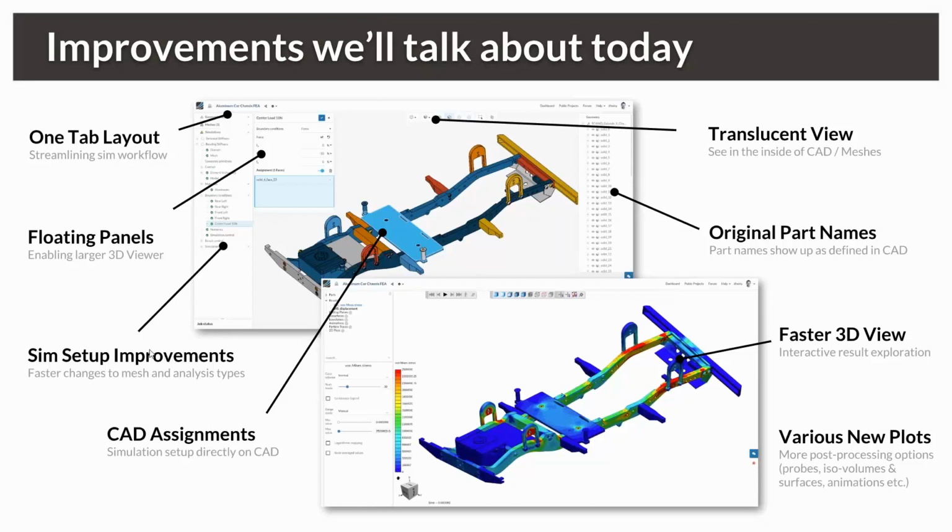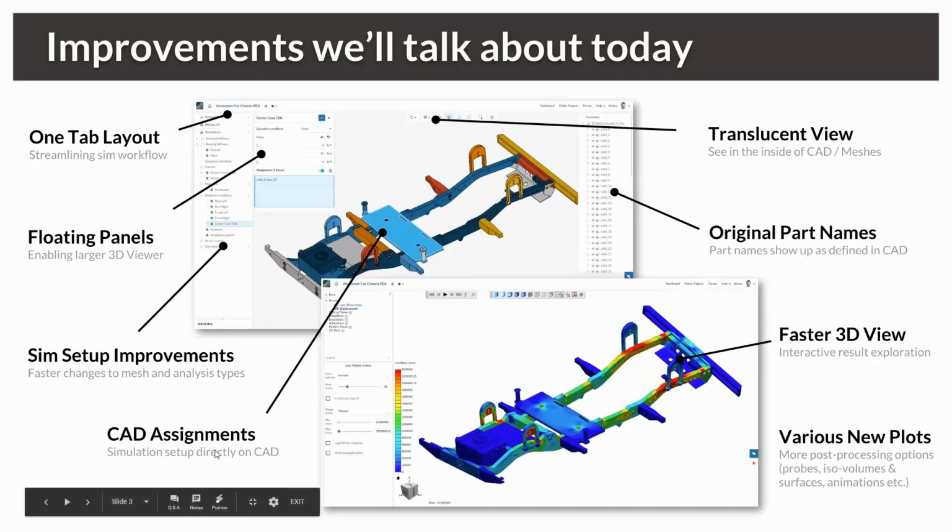More subtle changes such as the simulation setup improvements, where I can make global settings changes, and everything that makes sense for the new settings is maintained. So I don't lose any of the work I've put into a simulation setup just because I'm changing the turbulence model. We've seen that as well.